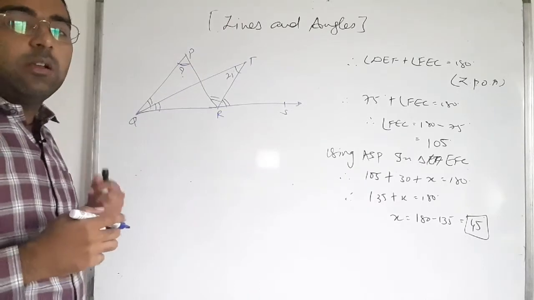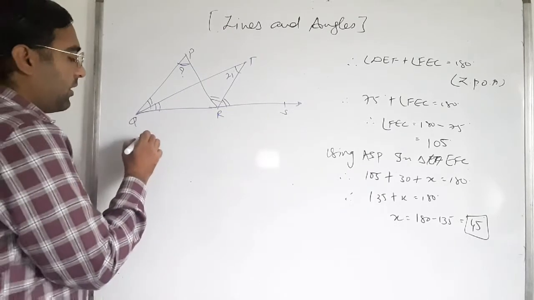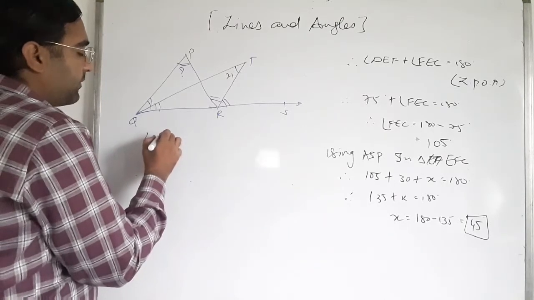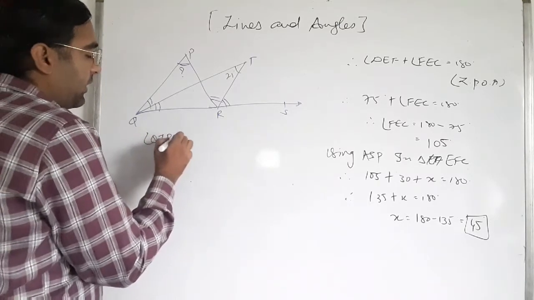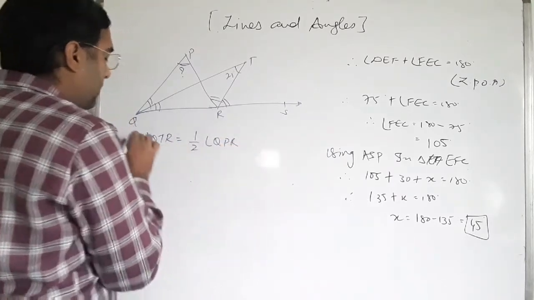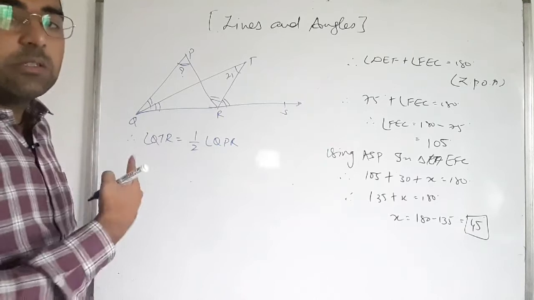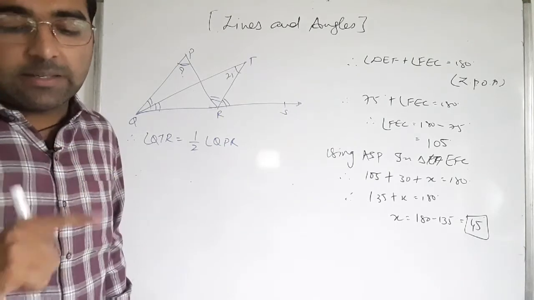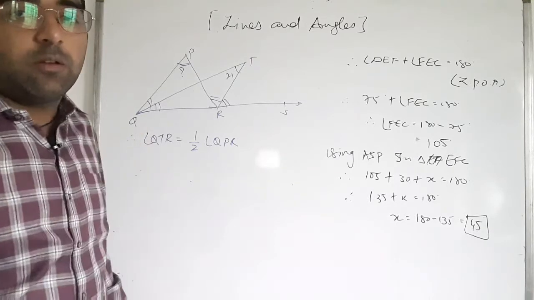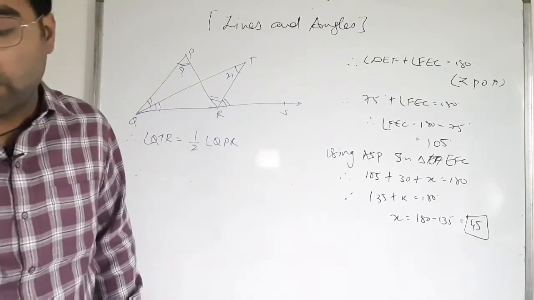We know that angle QTR is equal to half of angle QPR. We already saw this equation from exercise 6.3, question number 6, at the start of this session.